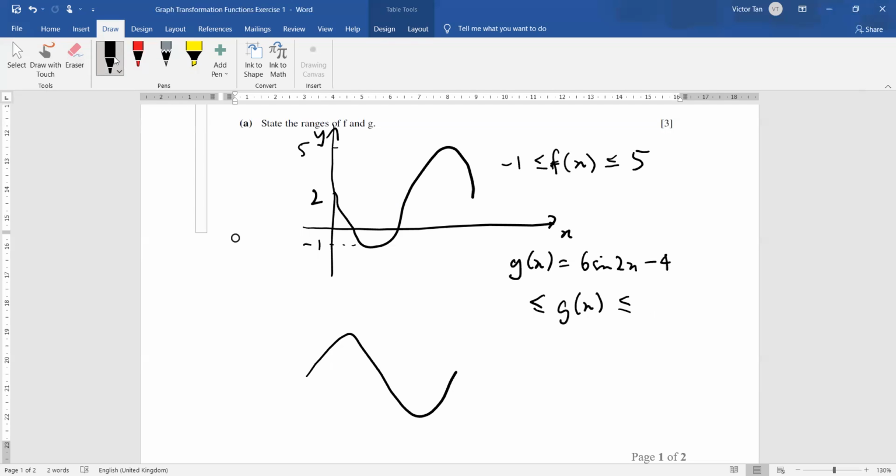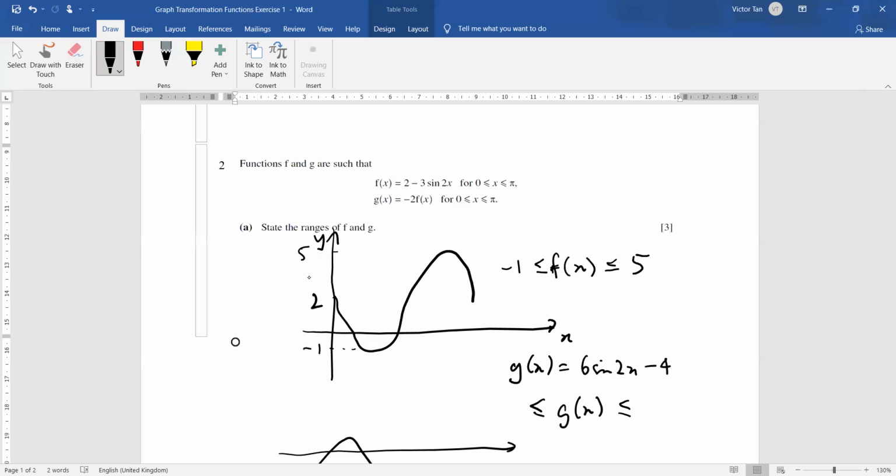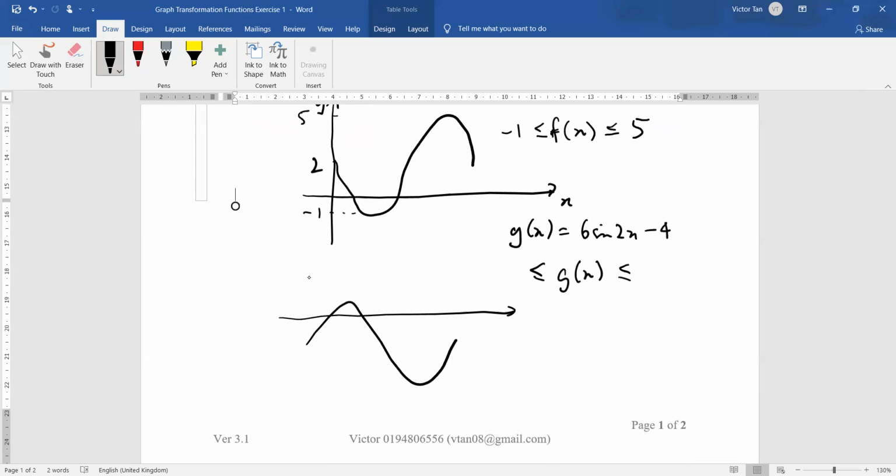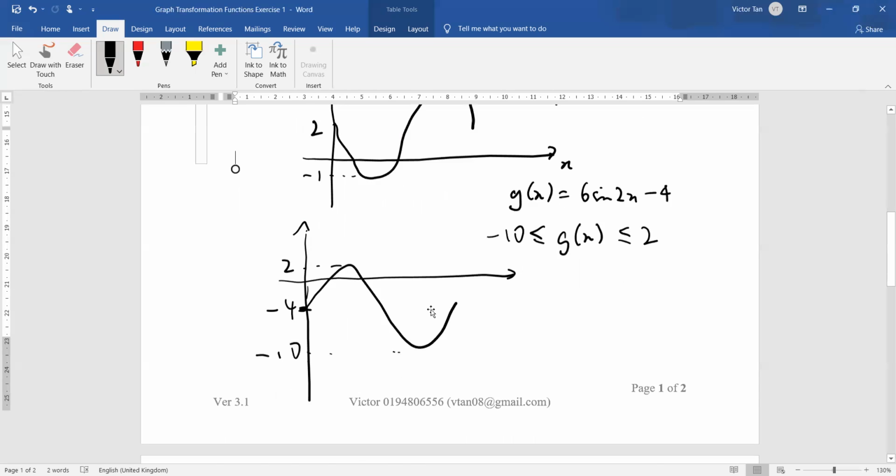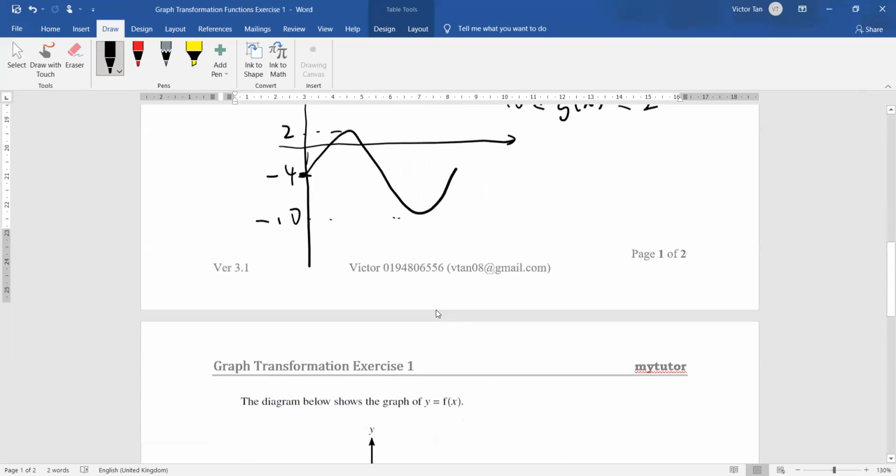The graph will be a vertical translation of minus 4 with a stretch of 6. I forgot it's a reflection, so this will be 2, this will be minus 10, and this minus 4. So it's between minus 10 and 2. Sometimes it's good to sketch the graph.